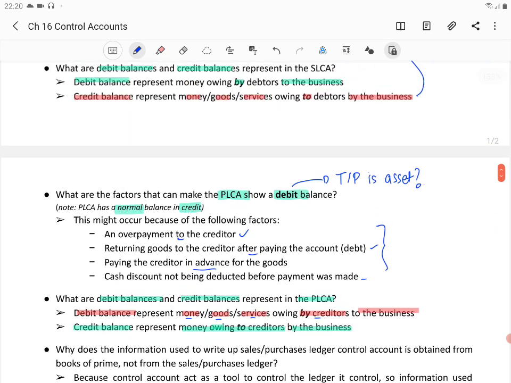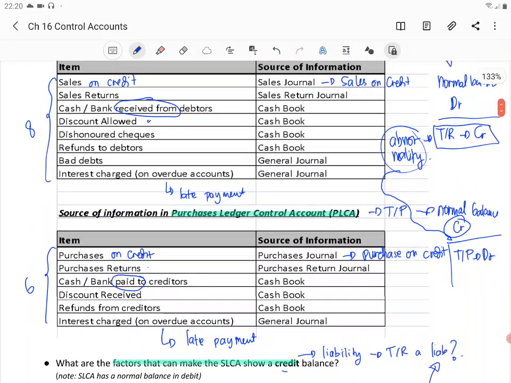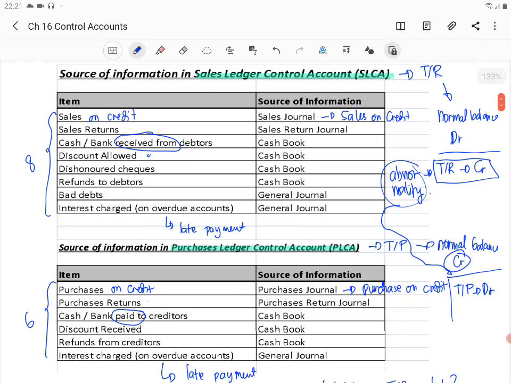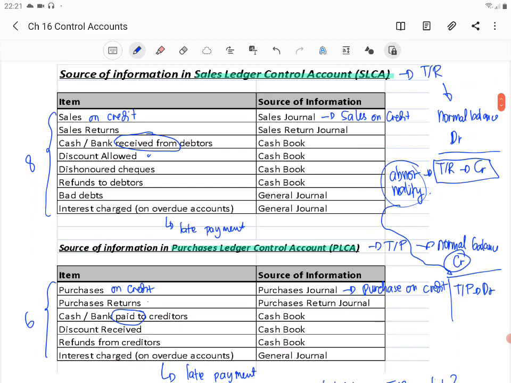As we know, the information we need to prepare SLCA and PLCA is taken from books of prime entry. All of these are books of prime entry.